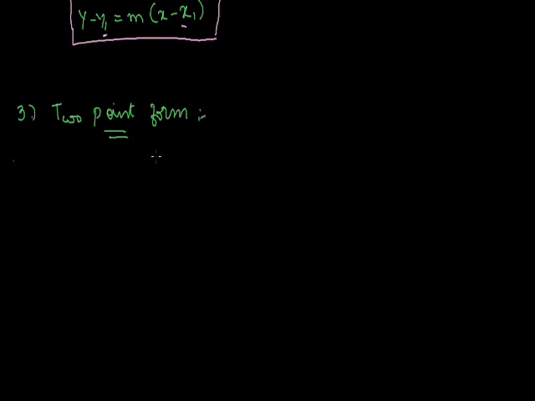So let's say a line passes through point A of x1, y1 and B of x2, y2. Then the slope of the line which passes through these two coordinates is m is equal to y2 minus y1 upon x2 minus x1.